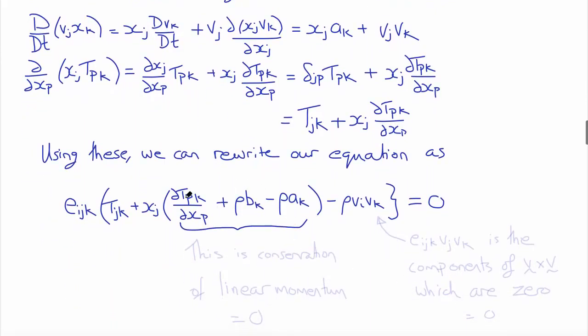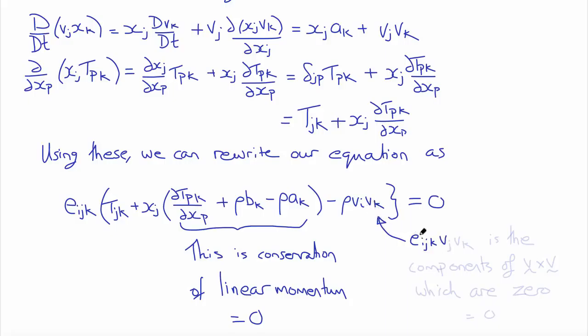Now, if we look at this term here, it's multiplied by x_j, we can see that this is in fact the conservation of linear momentum. By conservation of linear momentum, this expression is 0 because these two terms equal the inertial force. Here we observe that e_ijk times v_j v_k are components of the cross product of v with itself.